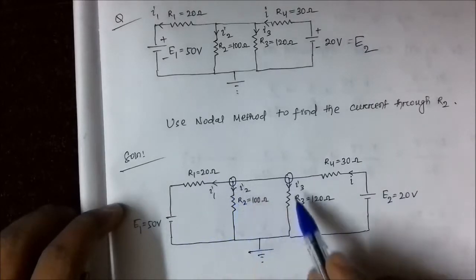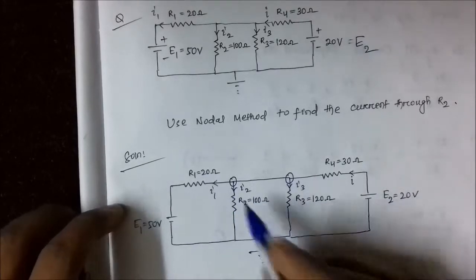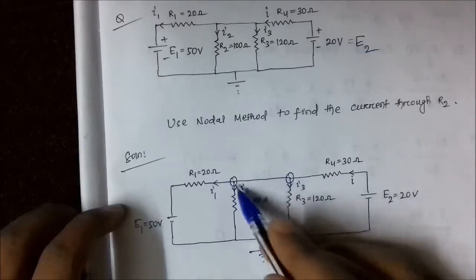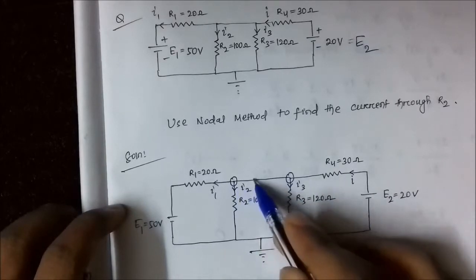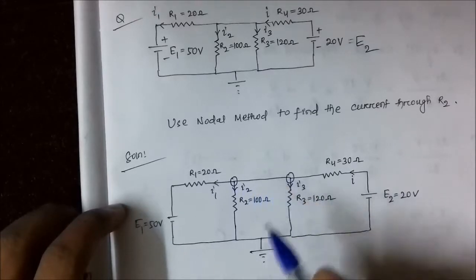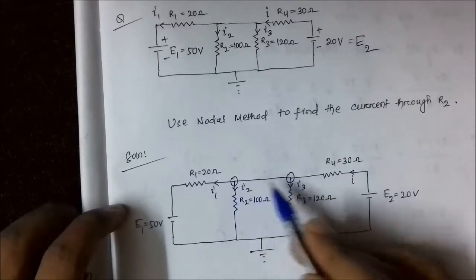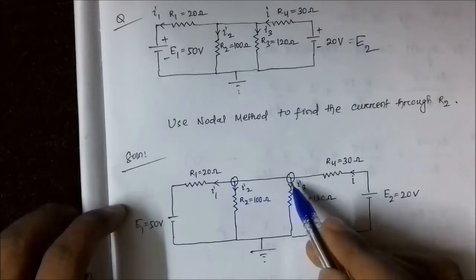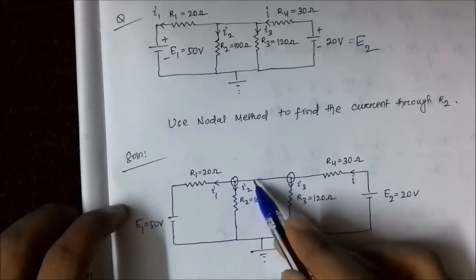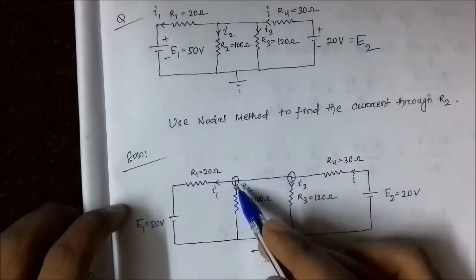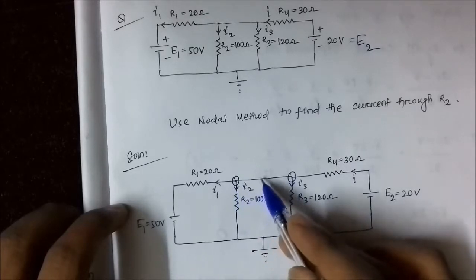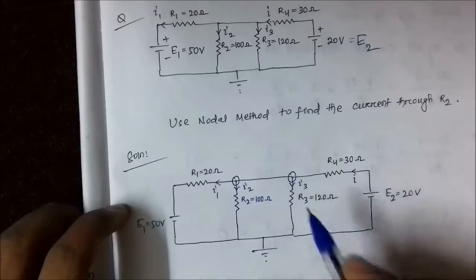We redraw the circuit later, but here just understand that these two points are shorted. There is no impedance in between, so these two points are the same. They have the same potential. If there had been an impedance connected in between, their voltages would have been different because of the voltage drop across this resistance.